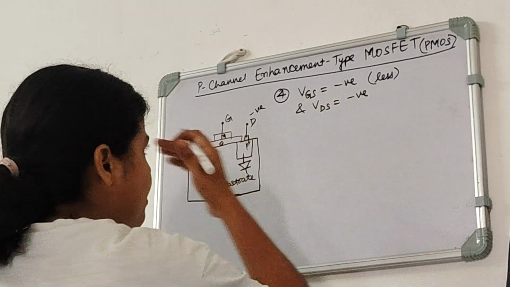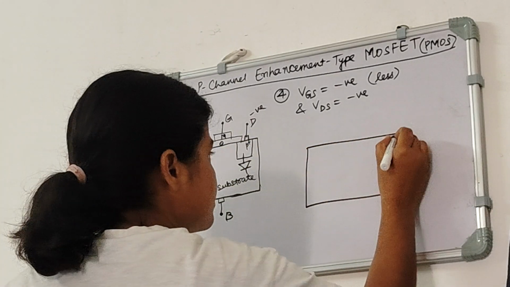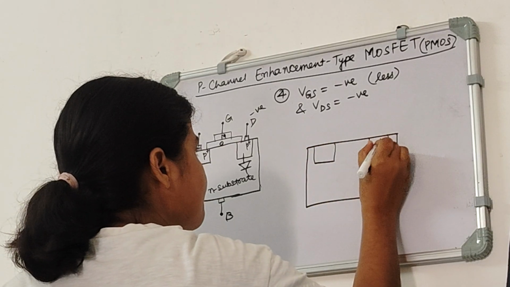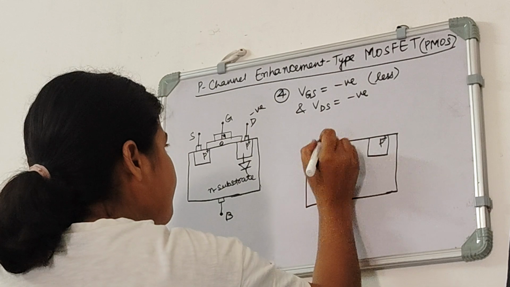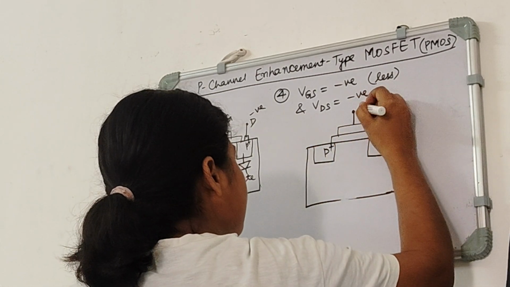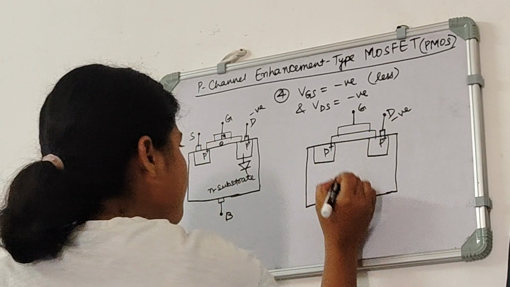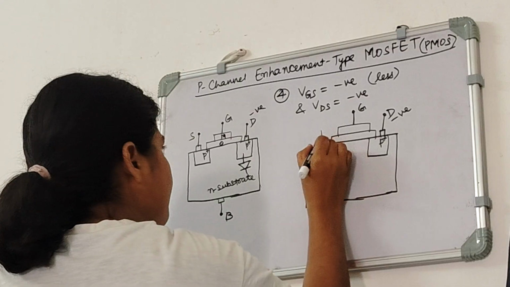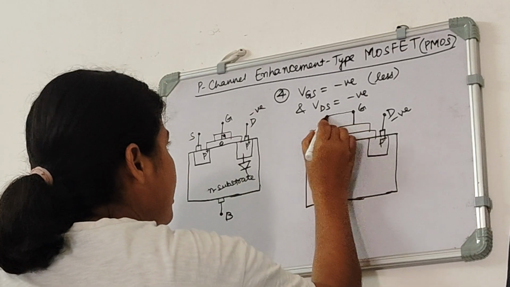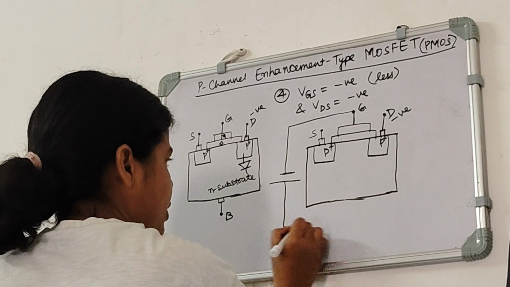So what happens when we apply negative VGS and negative VDS? Let us see. Our source is 0, we know that. If we apply negative voltage at the gate, that is the negative terminal, and this will be the positive terminal.